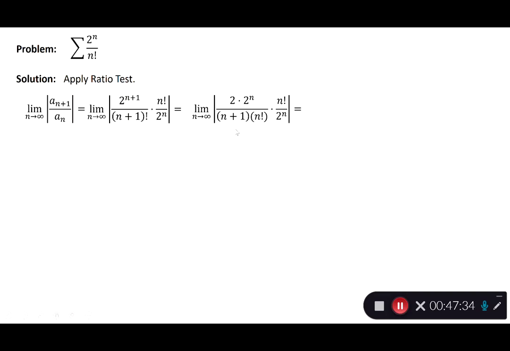If that is the case, how else can you write n factorial? N factorial can be written as n times the factorial of 1 less than that, which is n minus 1 factorial. So n factorial is equal to n times n minus 1 factorial.